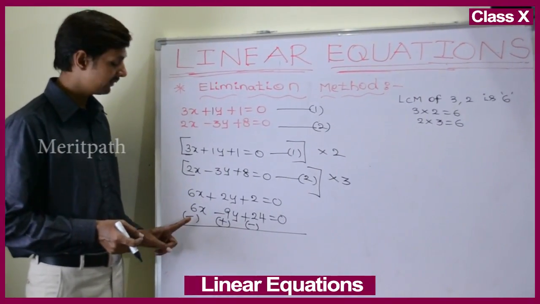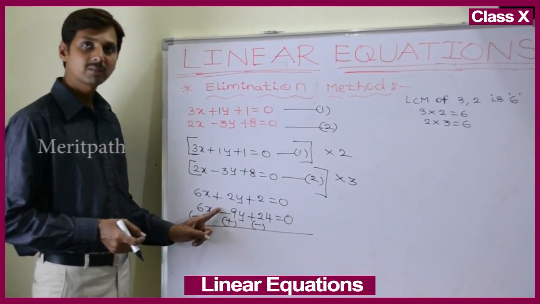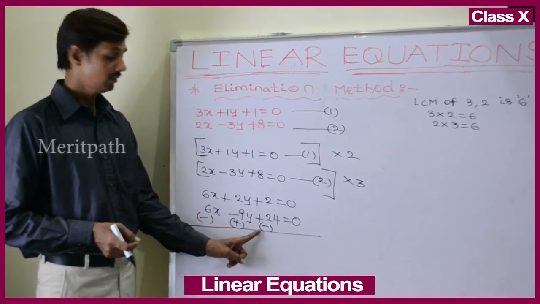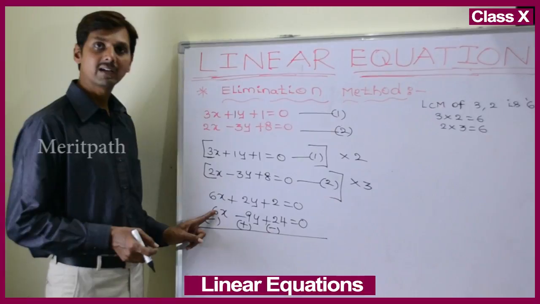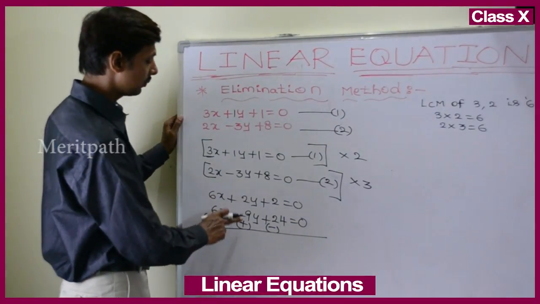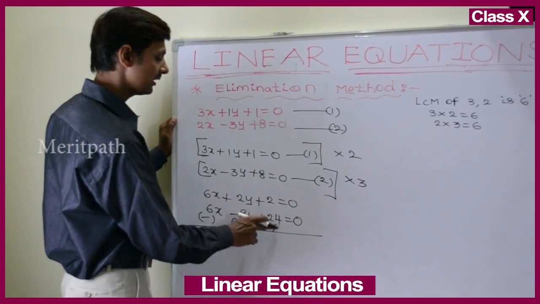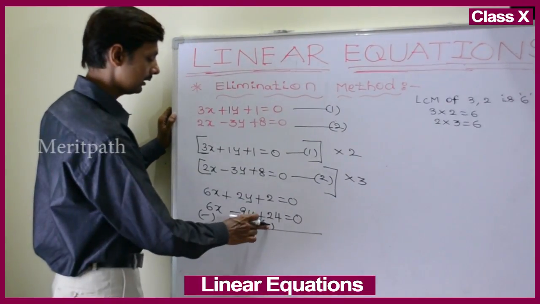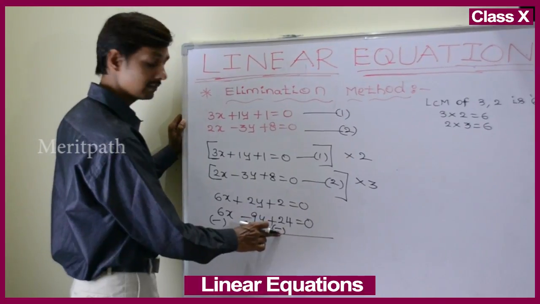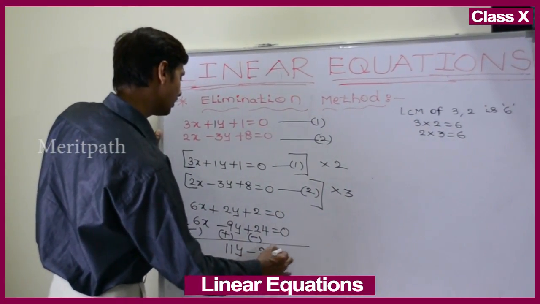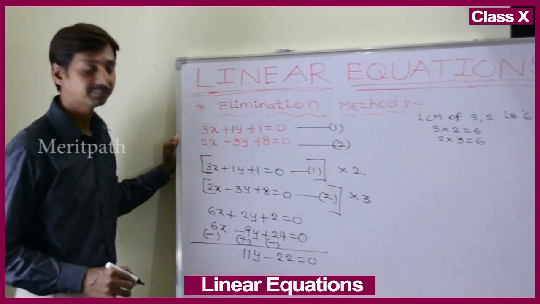Here it is plus, it becomes minus. It is minus, it becomes plus. Plus changes into minus. So let us subtract both. 6 - 6 is 0, and 2 + 9 is 11y. And 2 - 24: here there is a minus symbol, so we consider it after changing the symbol. 2 - 24 is -22, equals 0.